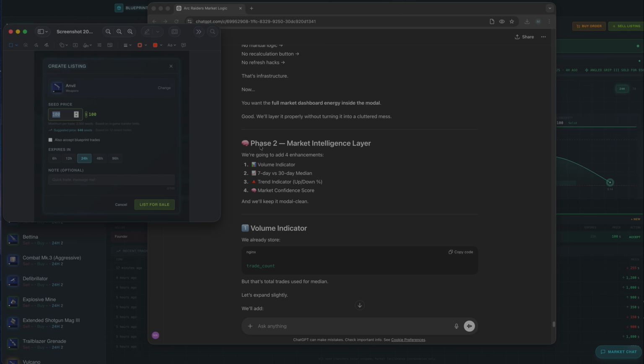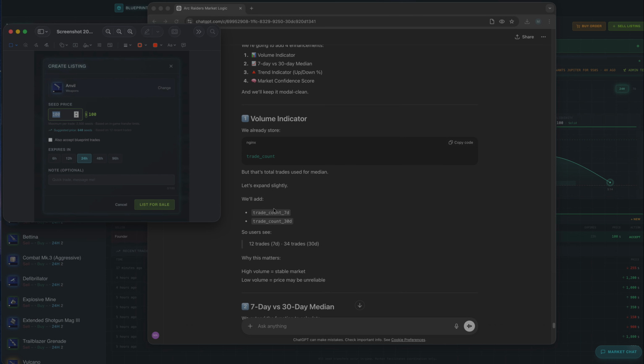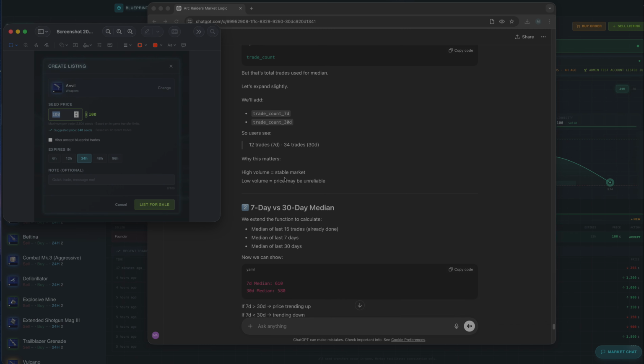Now, you want the full market dashboard energy inside the model. Hell yeah, good. We'll layer it properly without turning it into a cluttered mess. Bet. Phase 2, market intelligence layer. We're going to add 4 enhancements.